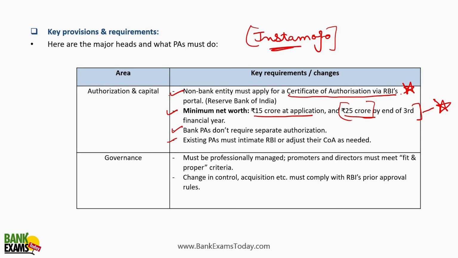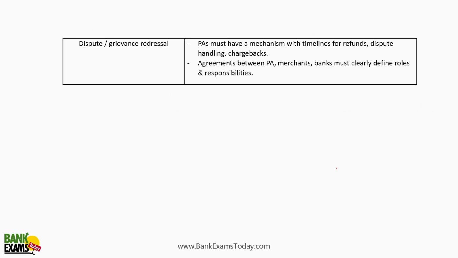Okay. So governance must be professionally managed. Promoters and directors must fulfill the fit and proper criteria of RBI. Change in control or acquisition must comply with RBI's prior approval. For the dispute or grievance redressal, there must be a proper system available with the payment aggregator.